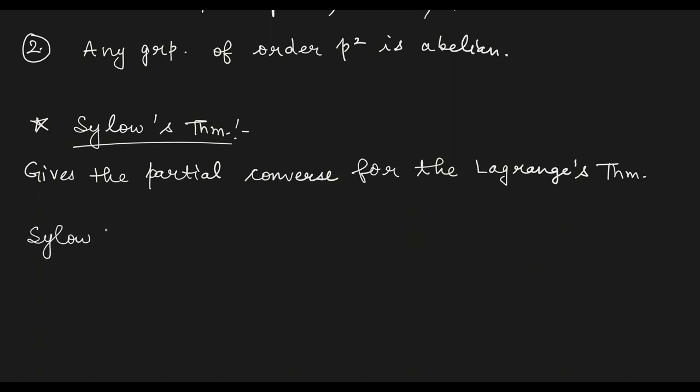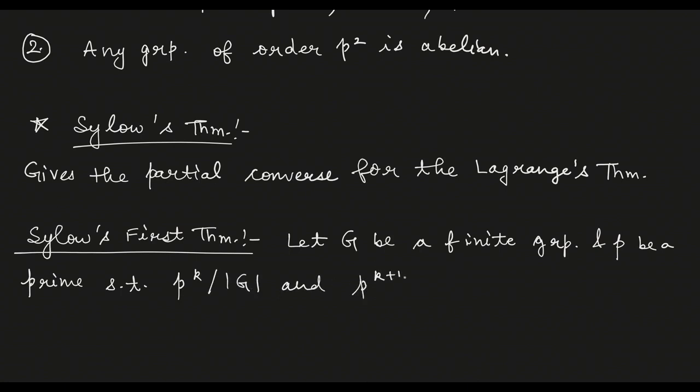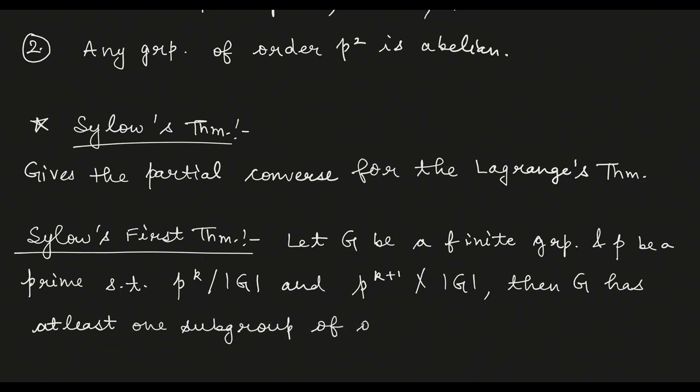Sylow's first theorem. Let G be a finite group and p be a prime such that p to the power k divides the order of G and p to the power k plus 1 does not divide the order of G. Then G has at least one subgroup of order p to the power k, called the Sylow p-subgroup.